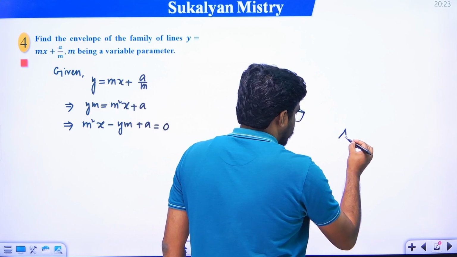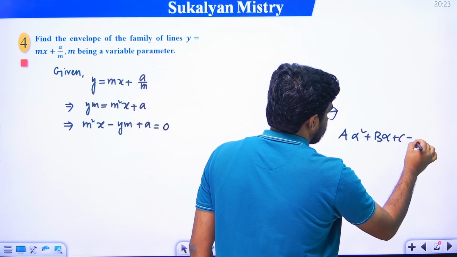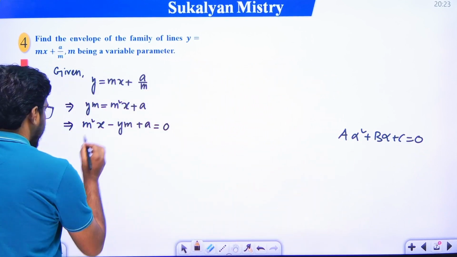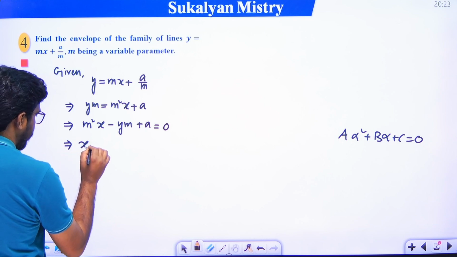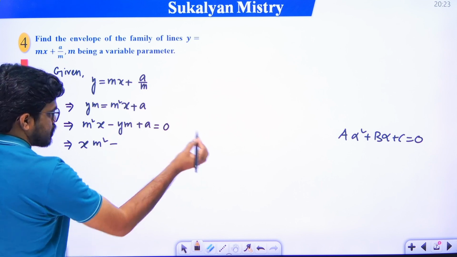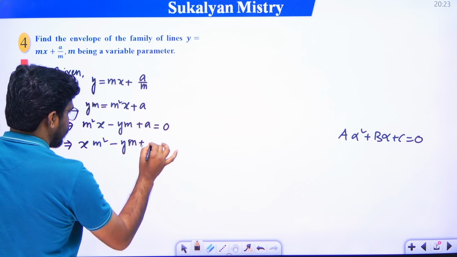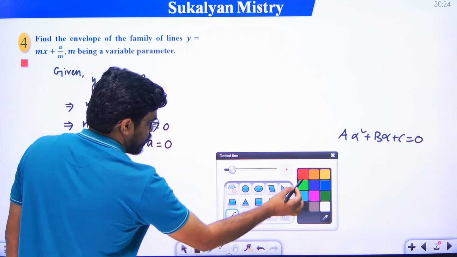Compare with a alpha square plus b alpha plus c is equal to 0. Alpha is a parameter; here m is a parameter. So basically what is a here?